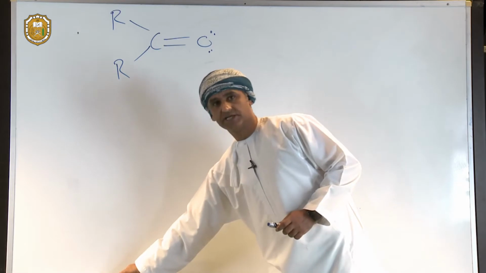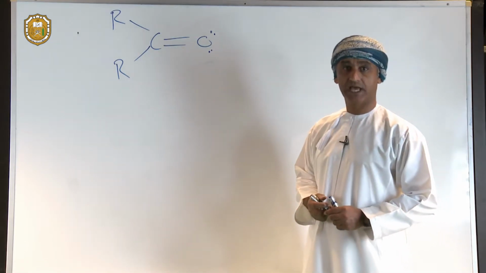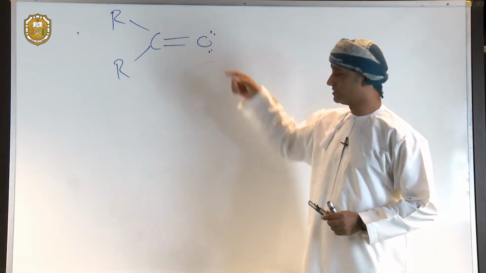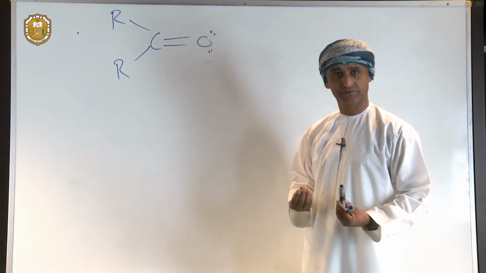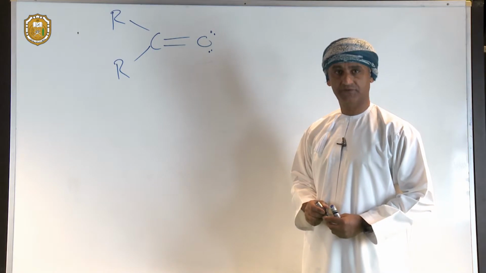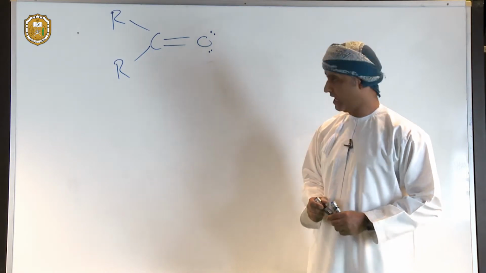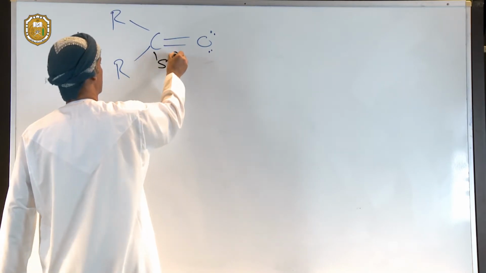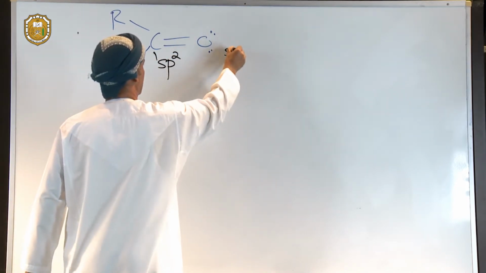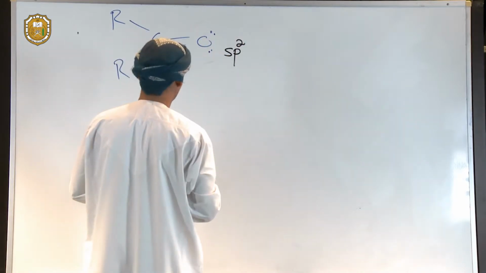Therefore, the hybridization type of carbon is sp2, and so is the hybridization of oxygen, because each of these atoms is surrounded by 3 effective electron pairs. So the hybridization here is sp2, and it is also sp2 here.